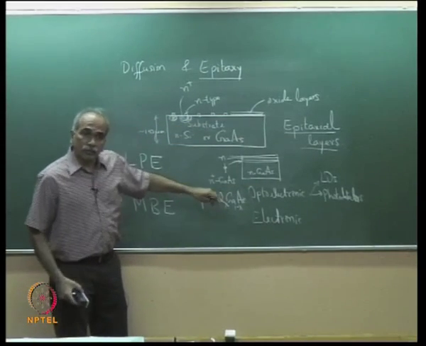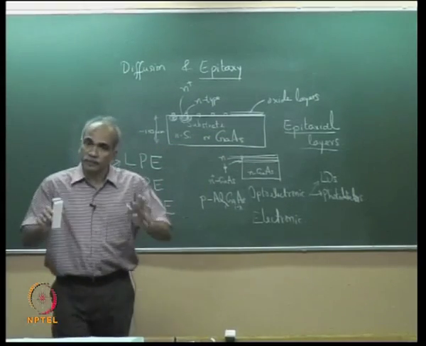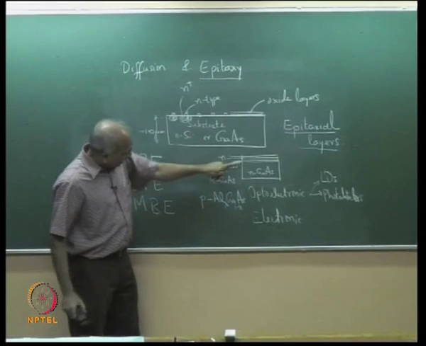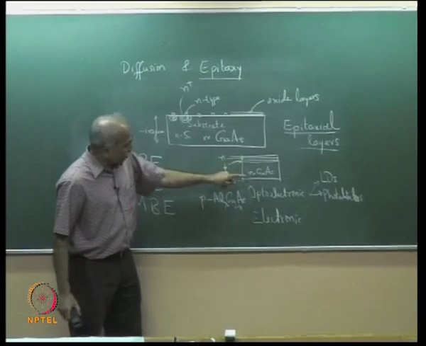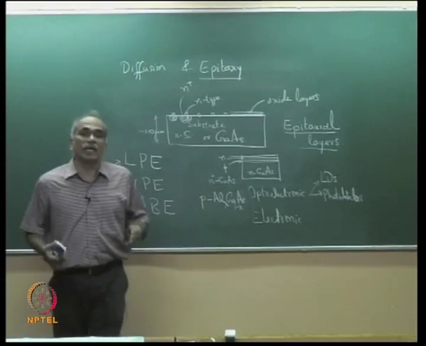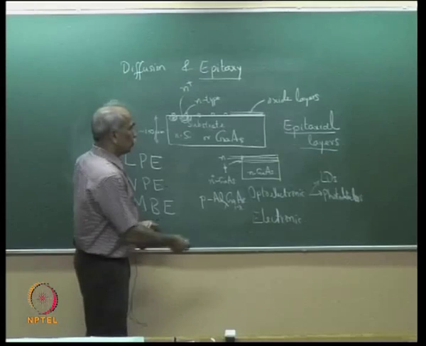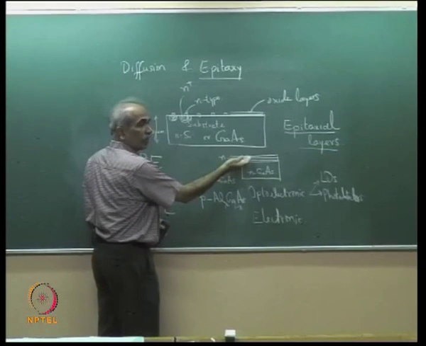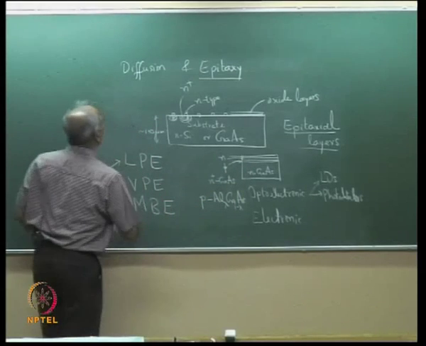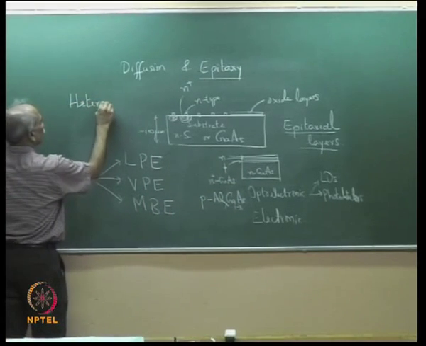The point is we deposit layers. Why we go for different layers we will see when we come to the devices, but we have to deposit layers of different compositions and band gaps. So, a structure wherein you grow layers of different composition and band gaps is called heterostructure.